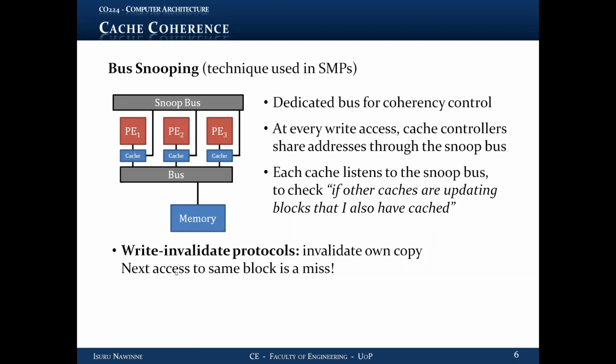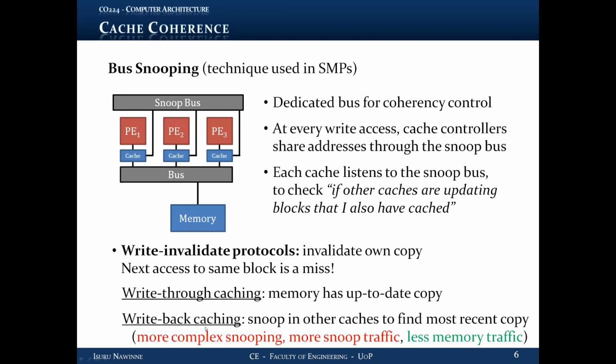So in the write back caching write policy, the cache controllers suffering the miss can snoop in other caches to find the most recent copy. Place a snoop read request on the snoop bus, and the cache controller which has the most up-to-date copy can supply the data.